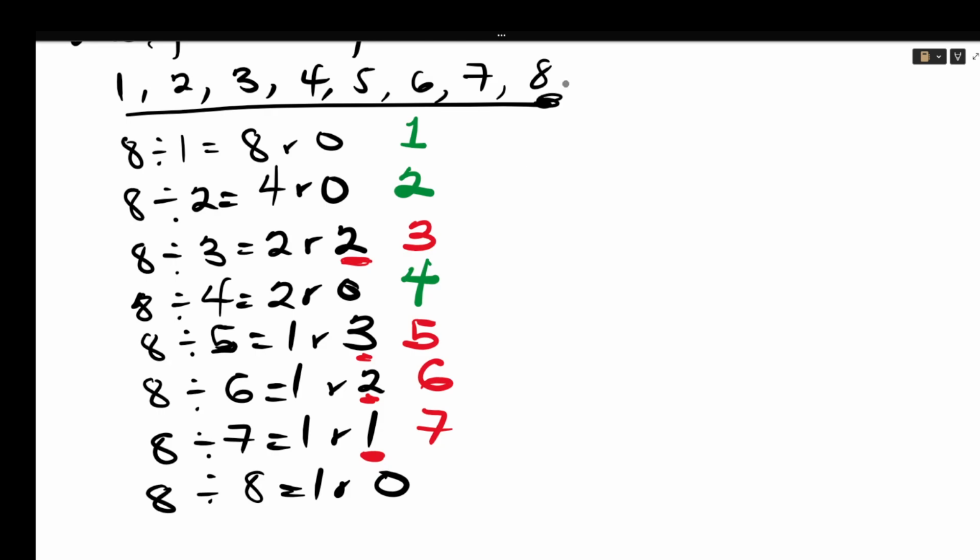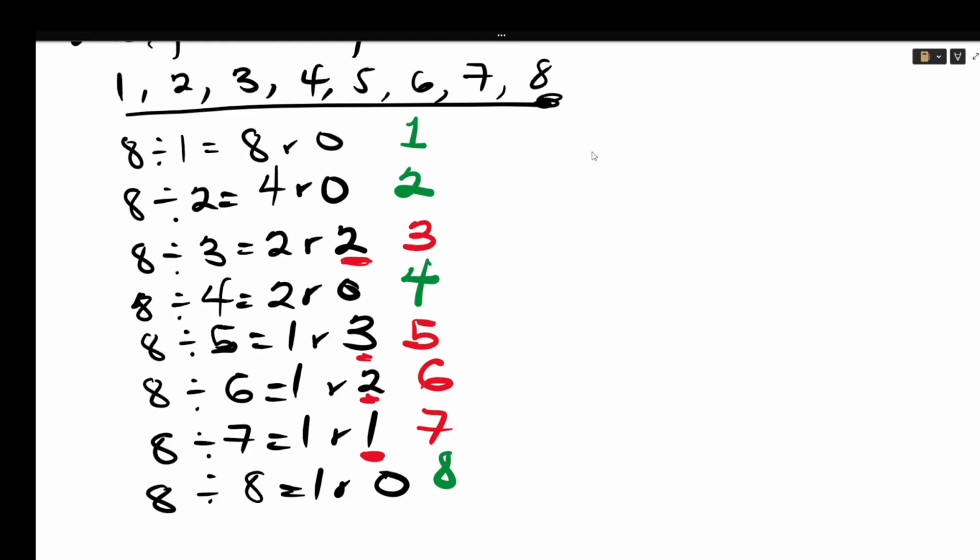Leaving no remainder, we say 8 is a factor of itself. So now let's list all the numbers that were written in green as the factors of 8.